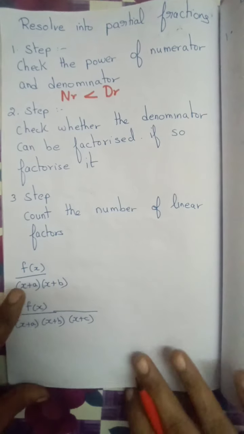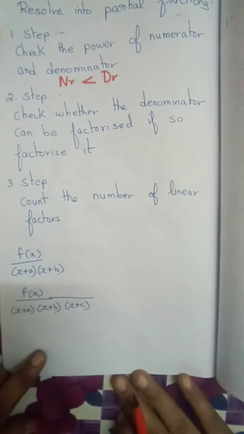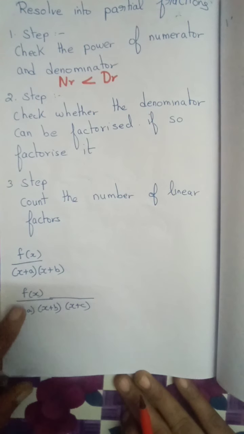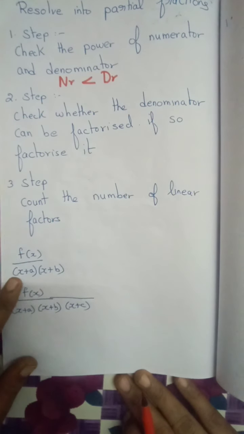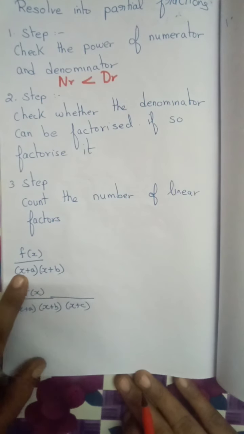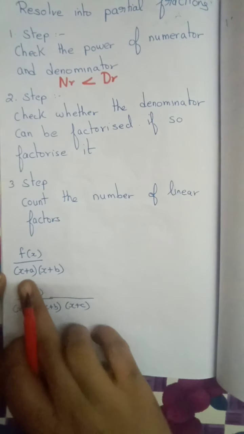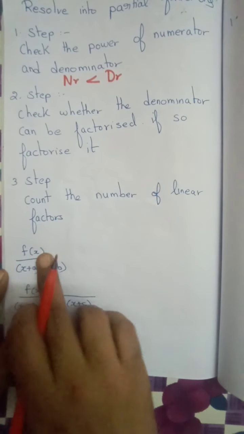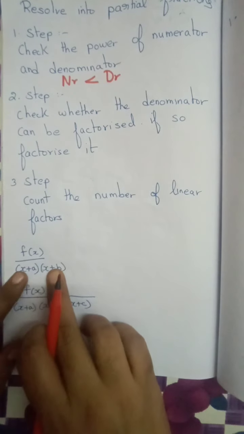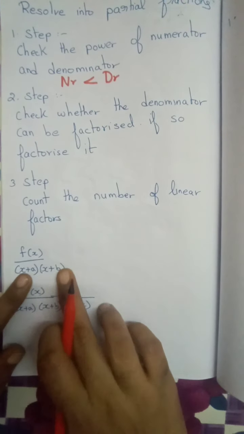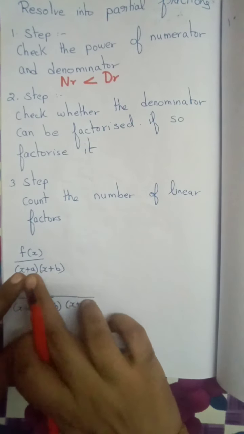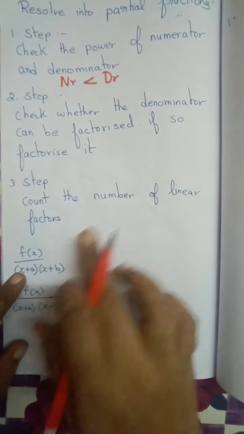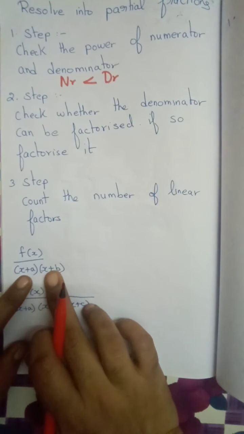Next, third step, count the number of linear factors. Linear factors means the degree of x should be 1. Can you see an example which I have written here? F of x is the numerator. Denominator I am factorizing. I am getting 2 brackets. In that the power of x is 1. Such factors we call linear factors.